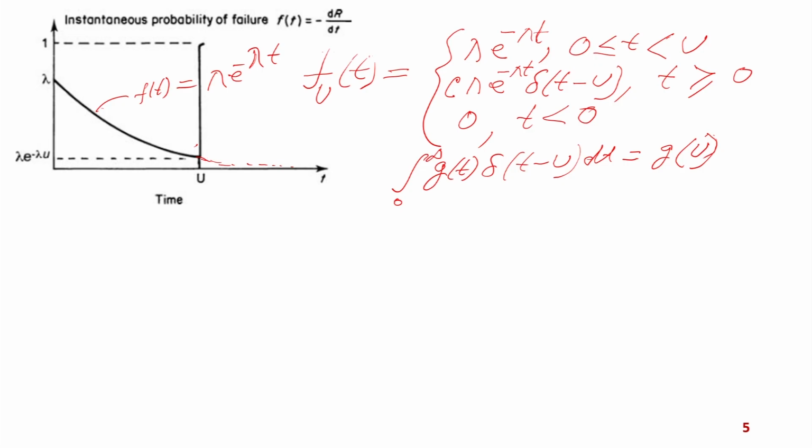Now, as per the probability axioms, the integral from 0 to infinity of f_u(t) dt should be equal to 1.